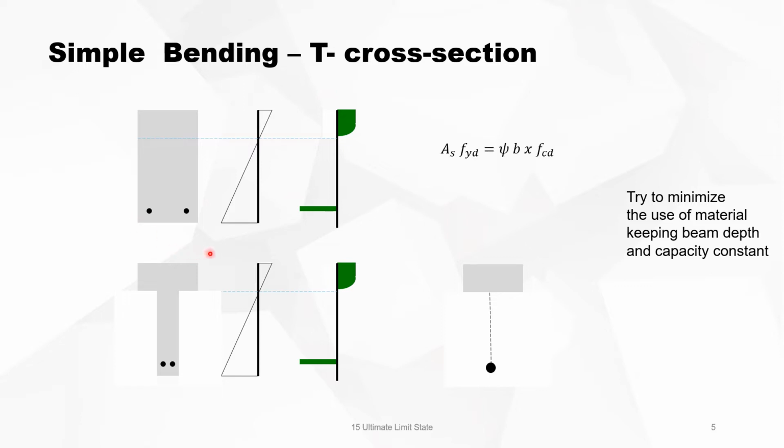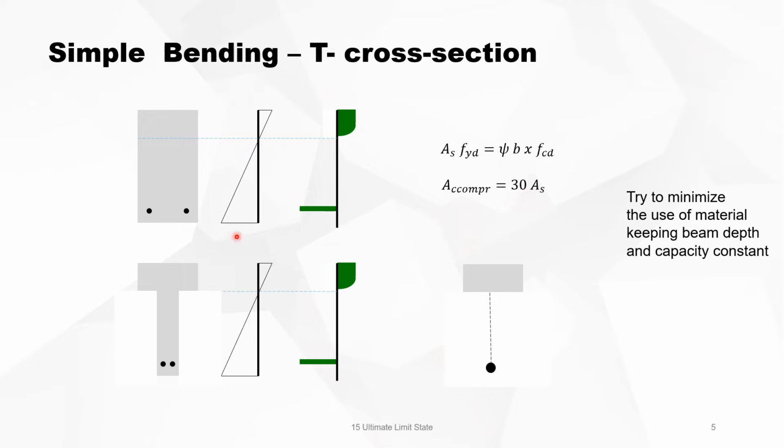So if we make a very small calculation and we say that the force in the reinforcement is equal to the compressive force in the concrete, just a transversal equilibrium, then you can estimate that the needed compressive area is only 30 times the area needed for the reinforcement.